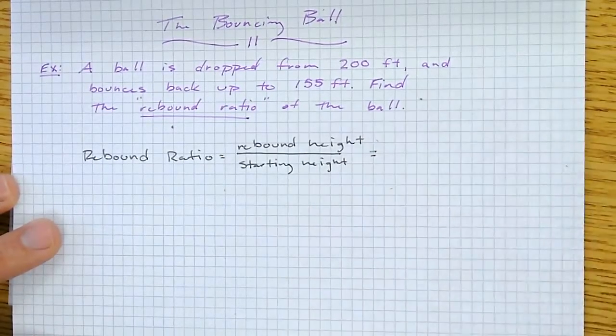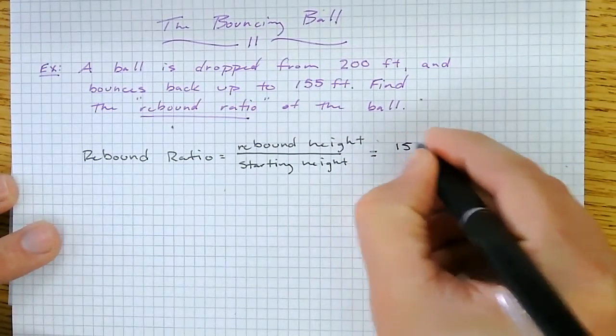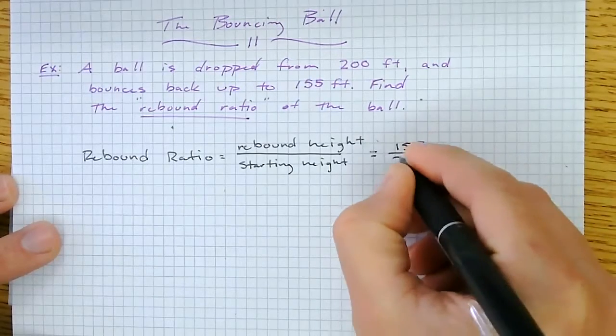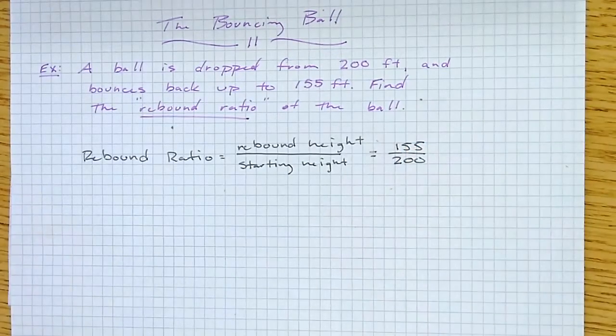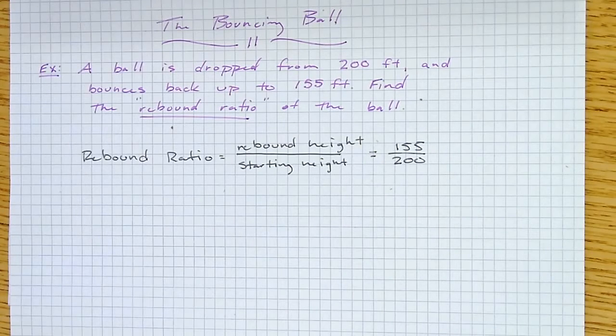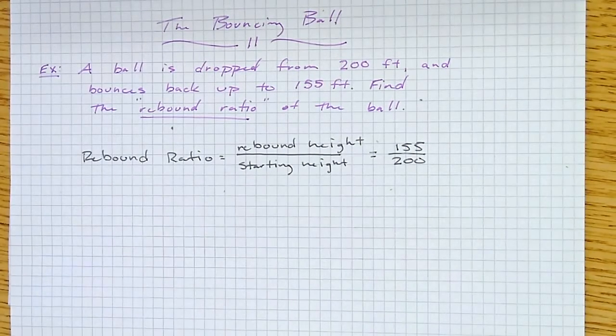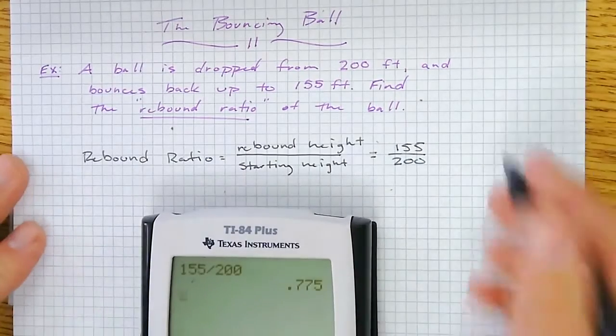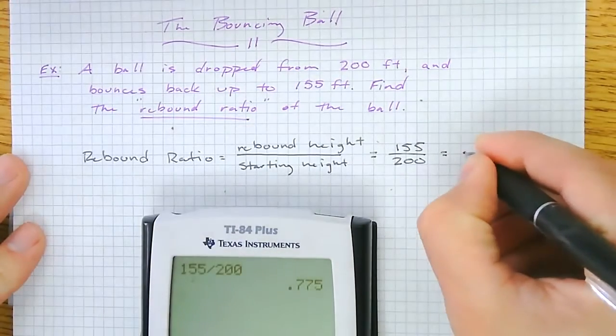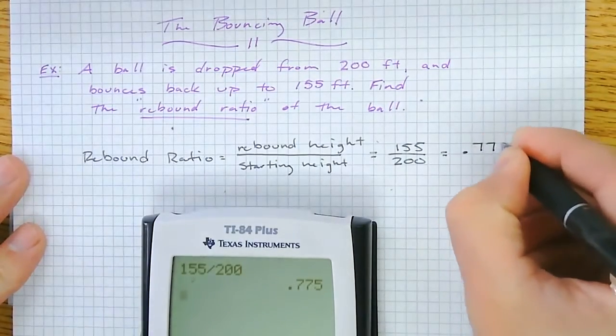So in this example, we would have our rebound height of 155 on top, and we divide by 200. We'd get a decimal of 0.775.